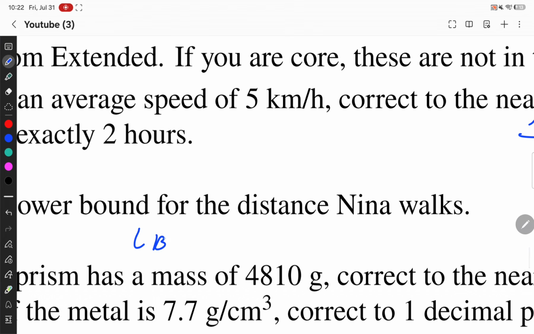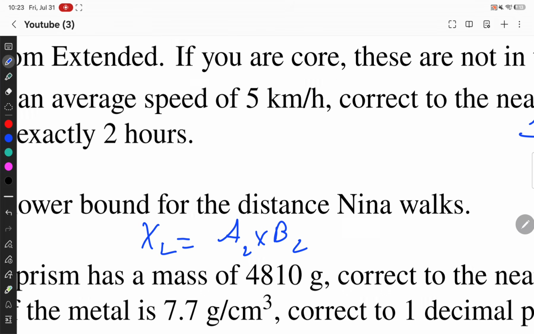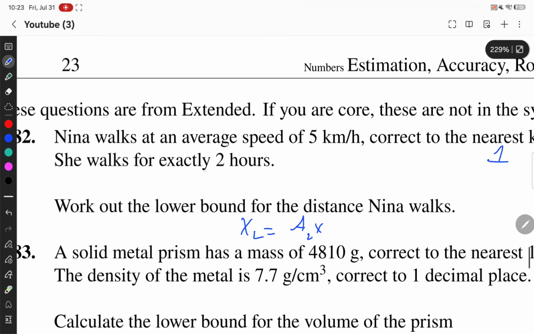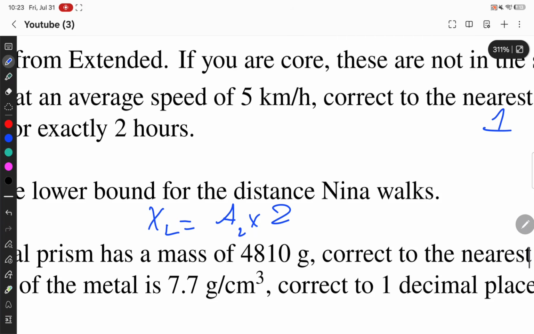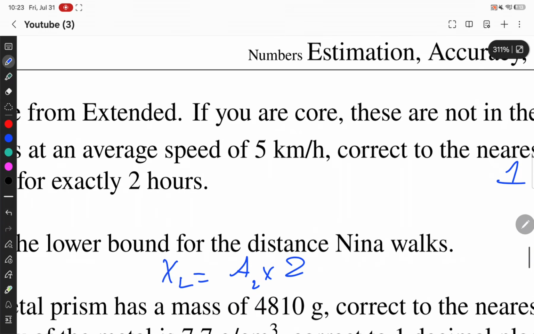Lower bound is equal to A of B times B of B. Oh god, I forgot my own convention. Now, the time is a constant, so we can just keep it a constant. 5 is not a constant, it is a variable.